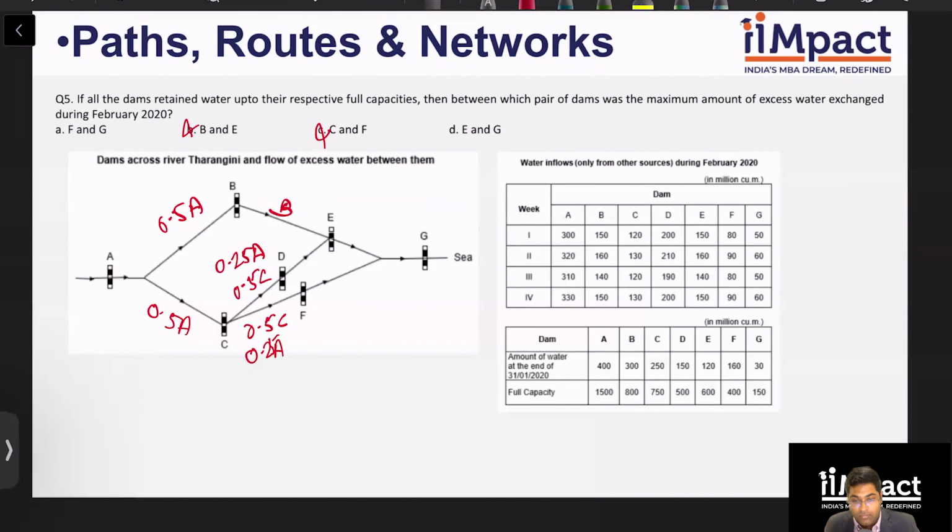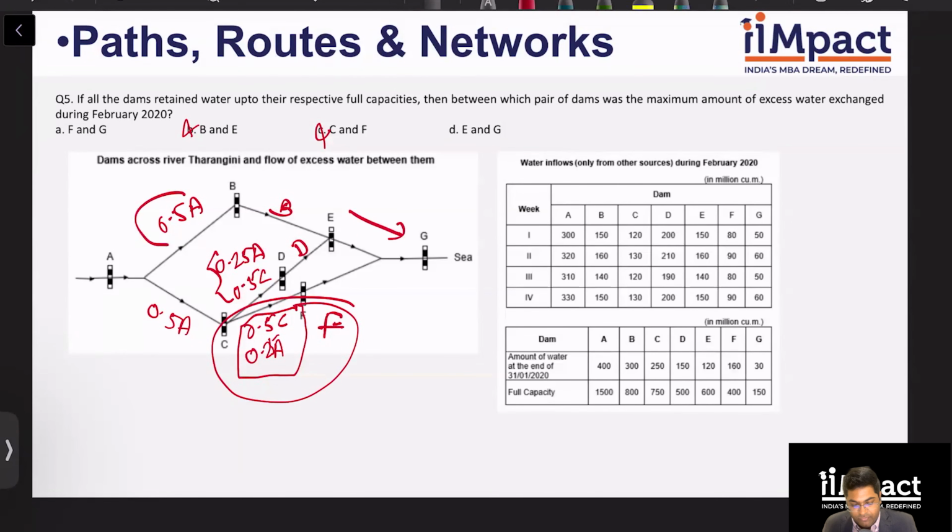I'm just showing it so that you understand what I'm doing, okay? Here I will have complete D and this part. And if you look at F to G, it is just half C, 0.25A and F. That's it. Whereas E to G, it's 0.5A, B, D, and all of this.